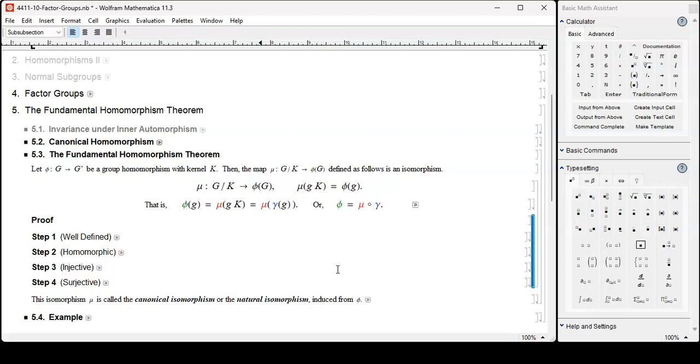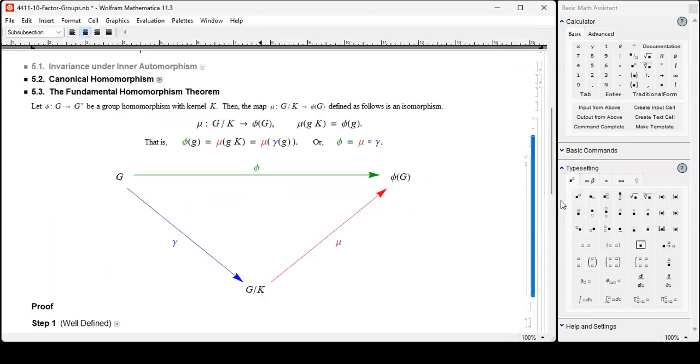By the way, before starting this, let me show you the graphical explanation of this. So, phi of g, small g, an arbitrary element of capital G, is mu of gK. But what is gK? It's gamma of g, where gamma is the canonical homomorphism. So we have this picture. Gamma first, and then mu is equivalent to phi directly.